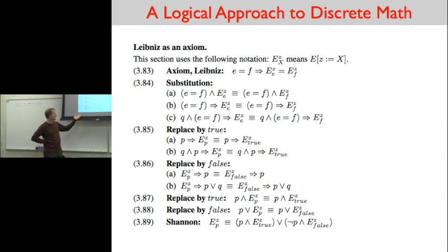Now I haven't asked you to prove these. It would be nice if I just had you prove them all, but we don't have enough time. But these are all provable in the same way that you've proved the others. And in particular, 3.89 Shannon is the basis for what we call case analysis.